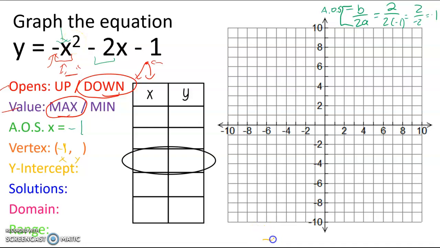So I'm going to do that over here. -(-1) squared - 2 times the -1 minus 1 equals, and we have to be careful on this. It's -1, plug in the negative. So you've got to be careful with that negative out front. It's basically the same as plugging in the negative, squared, with a negative out front. So if I have the -1 squared, that turns into 1.